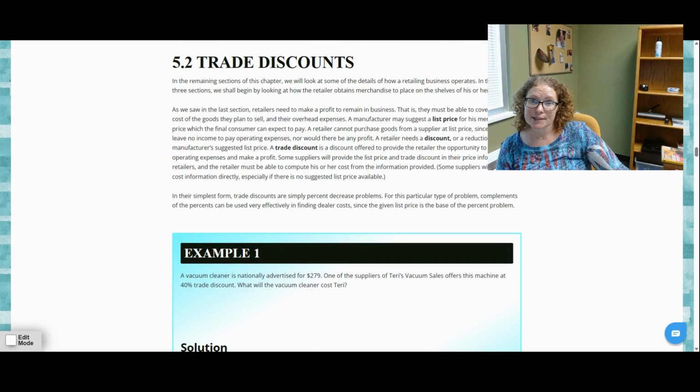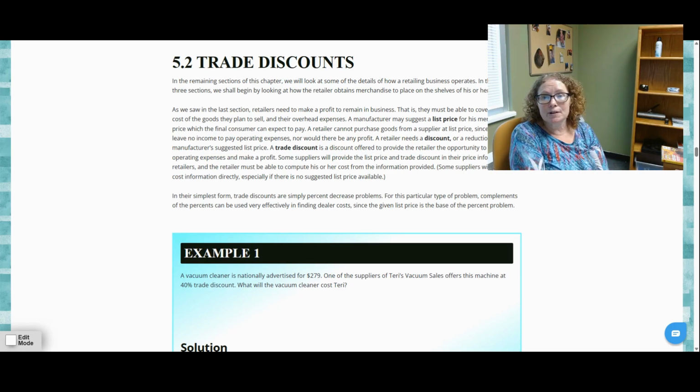Now we're going to look at trade discounts. Manufacturers will give businesses discounts for items that they buy, maybe if they buy in huge bulk. There's a certain list price that the consumer could expect to pay, and so businesses look at a price lower than that so that companies will be able to make a profit.